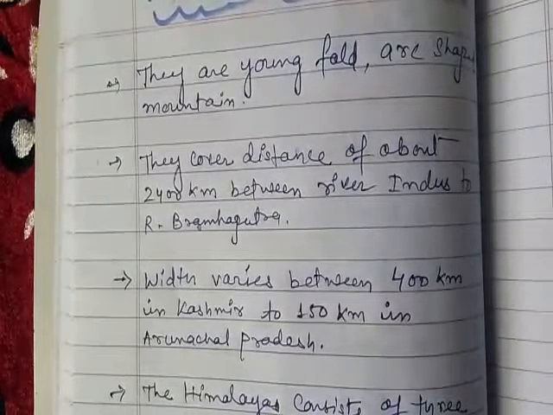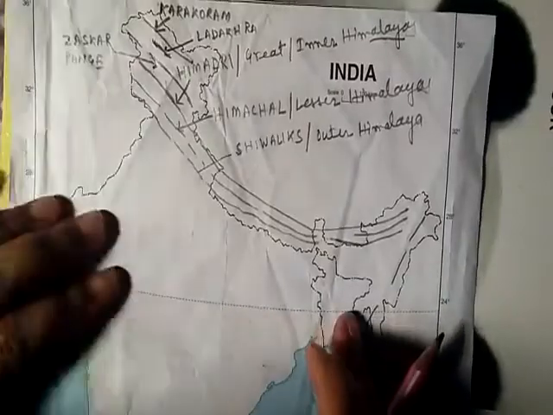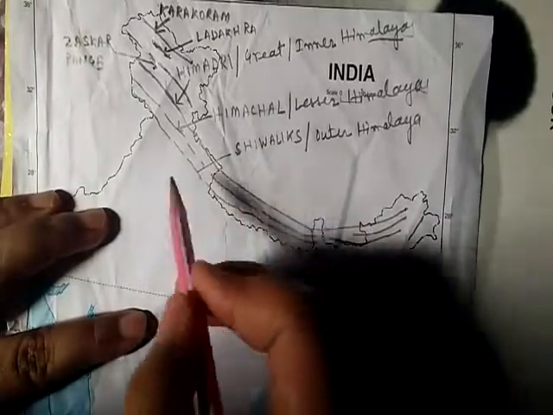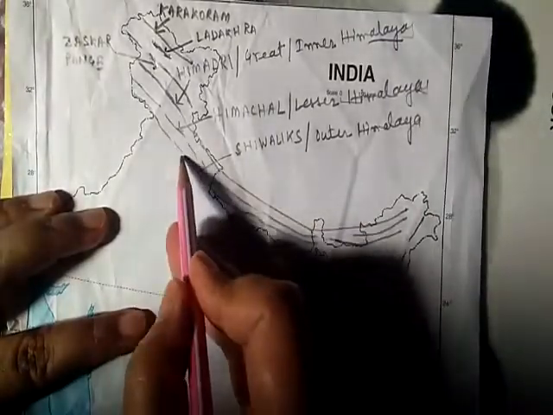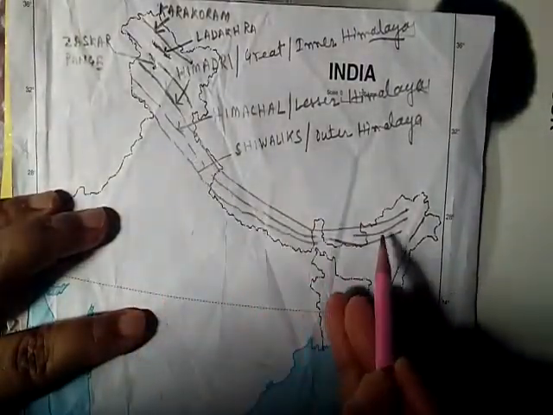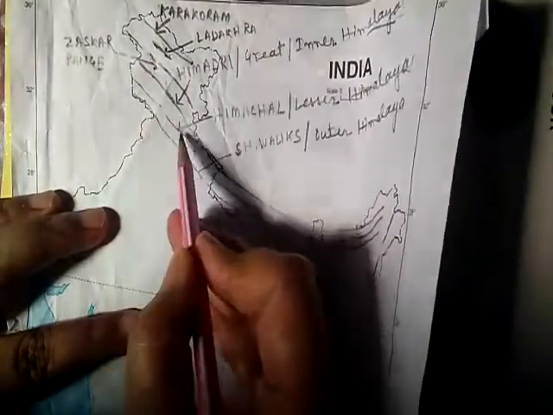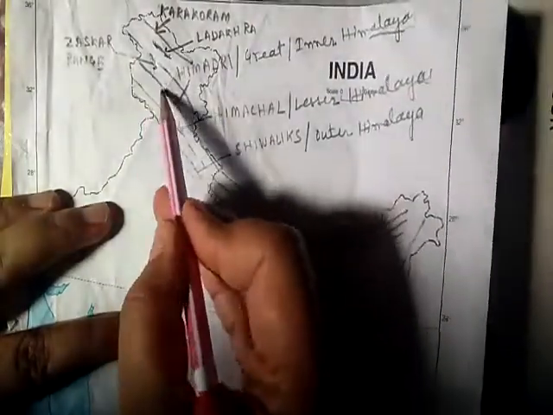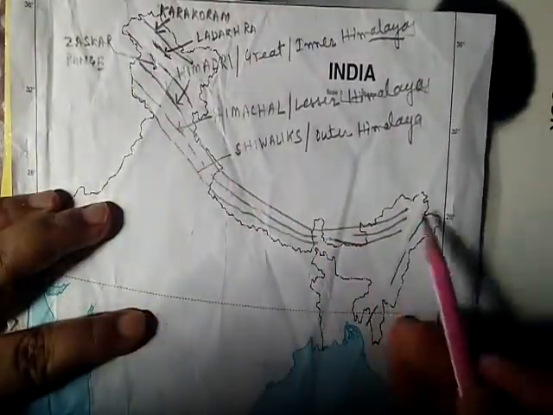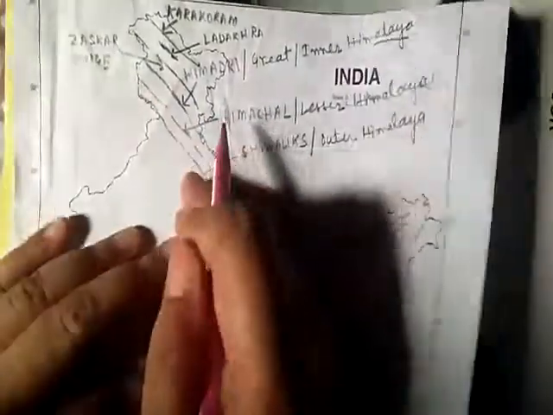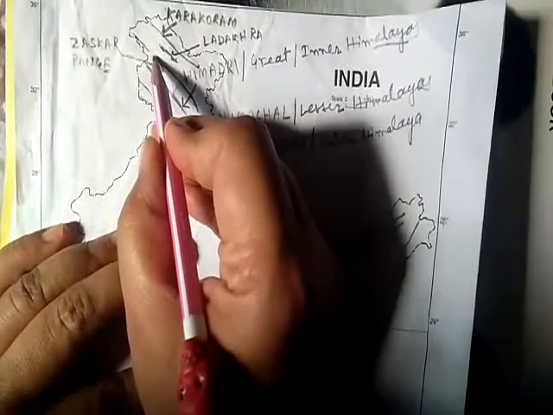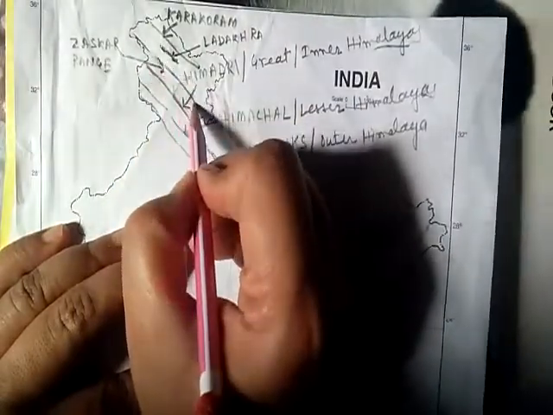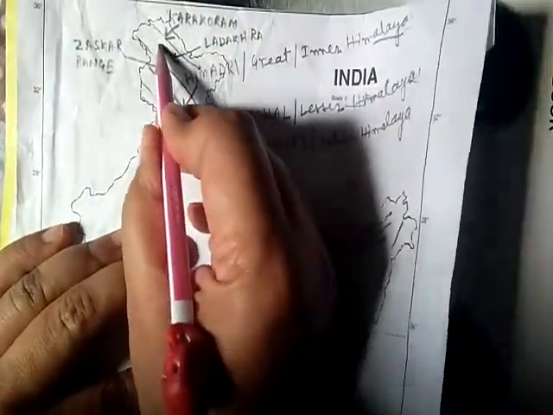Your another homework is to show Shivalik ranges, Himachal, Himadri, then Zaskar range, Ladakh range, Karakoram range.